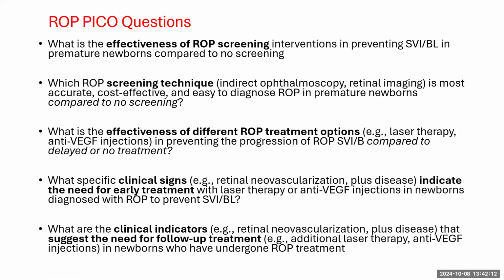I put here some questions that are useful in the guidelines. For example, this is the second question: what is the effectiveness of ROP screening in preventing blindness in children compared to no screening?